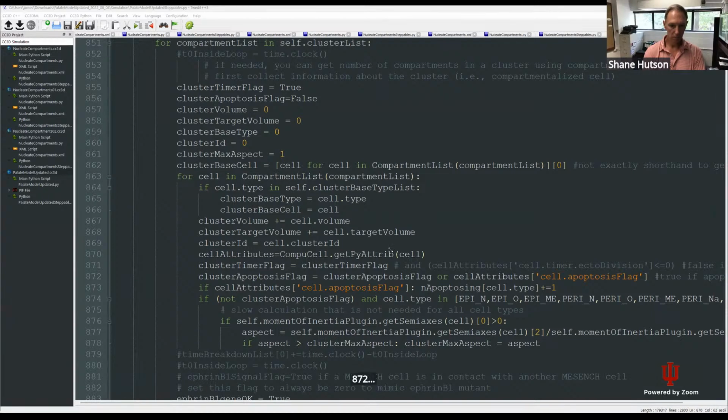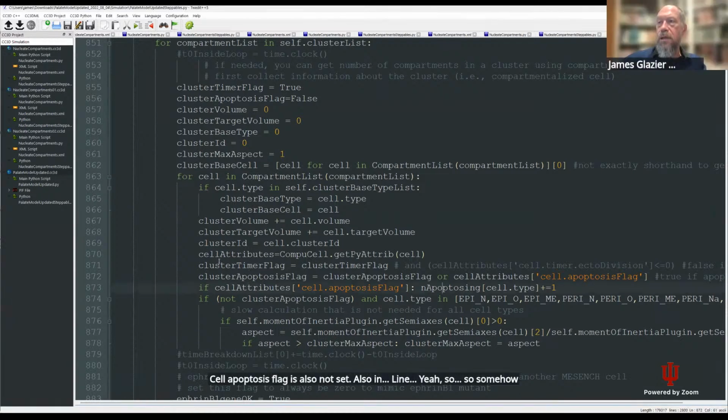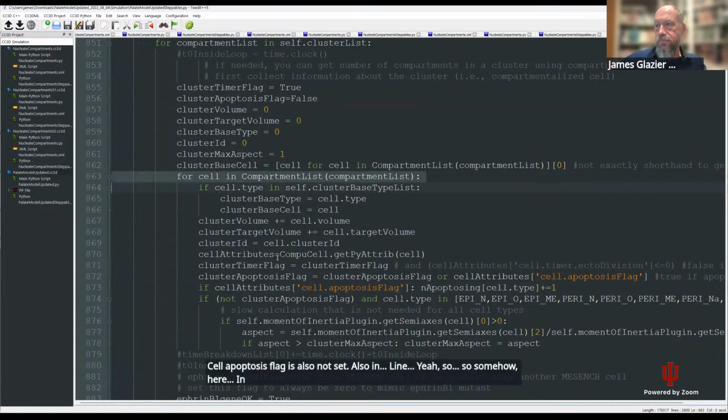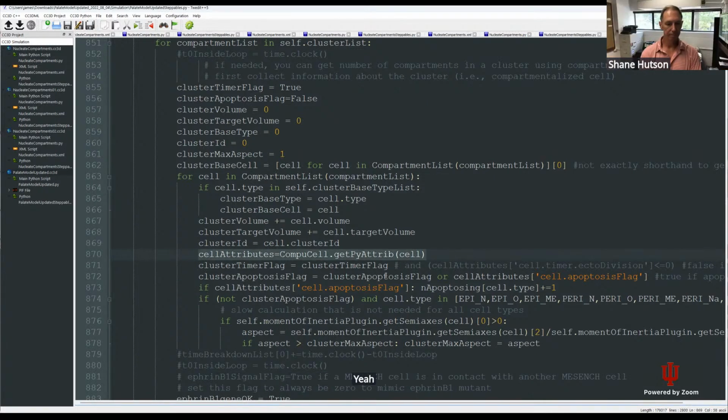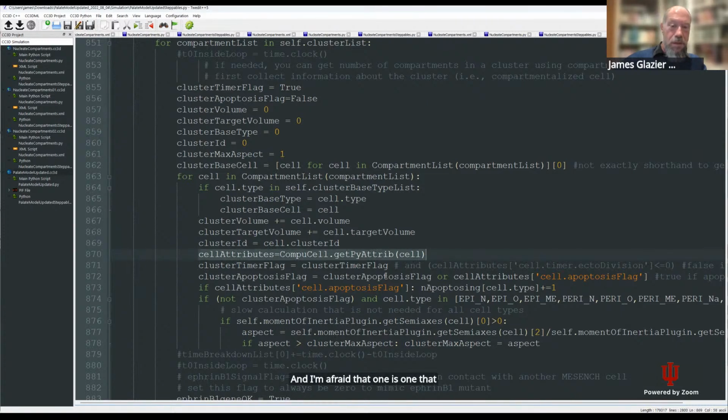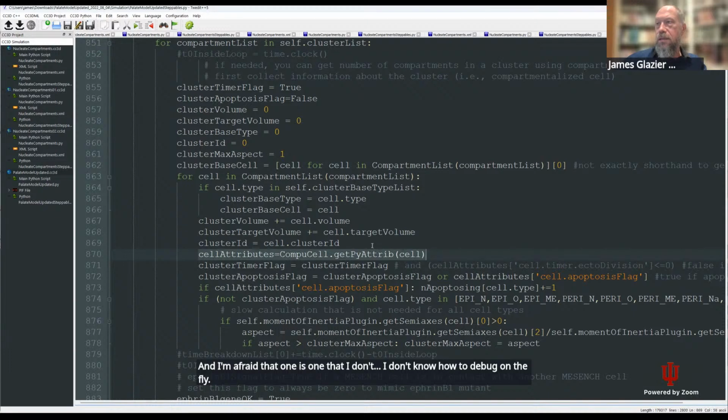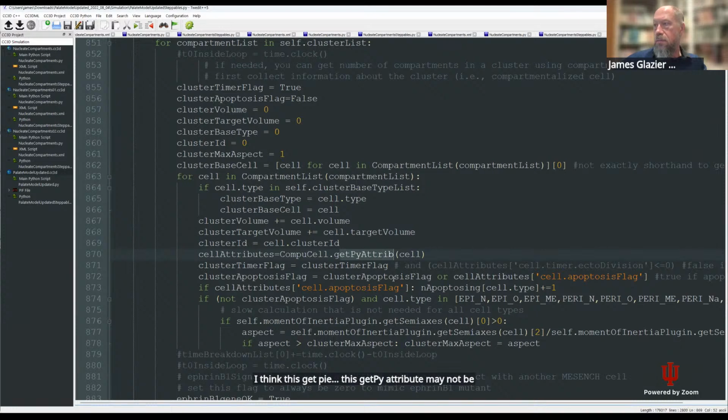So somehow here in the compartment list, where we did this get pi attributes, it's not returning the information. I'm afraid that one I don't know how to debug on the fly. I think this get pi attribute may not be functioning quite the same way.